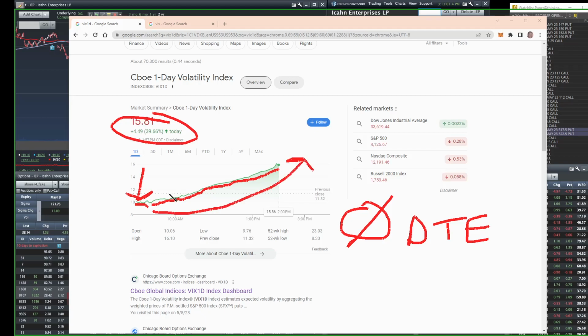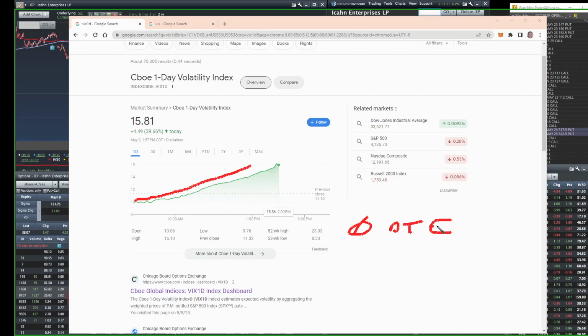And the way it's calculated is as the day progresses, what happens is the 0 DTEs from today start to come out of the calculation. And options expiring tomorrow start to gradually come into the equation.